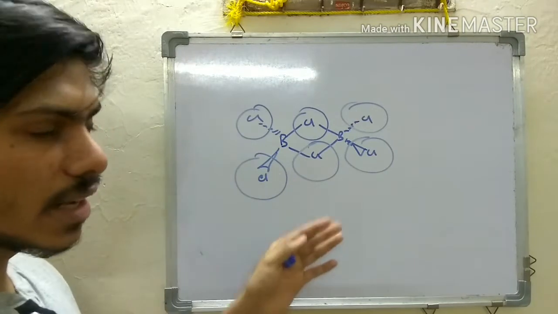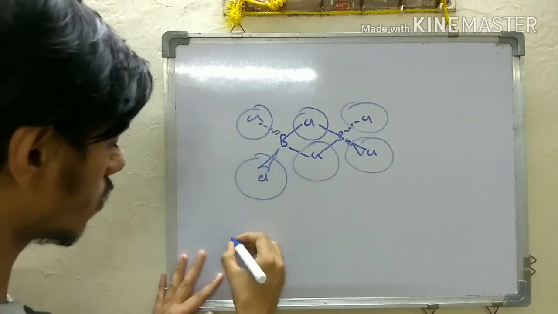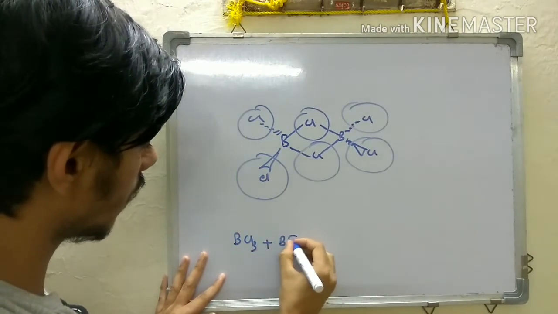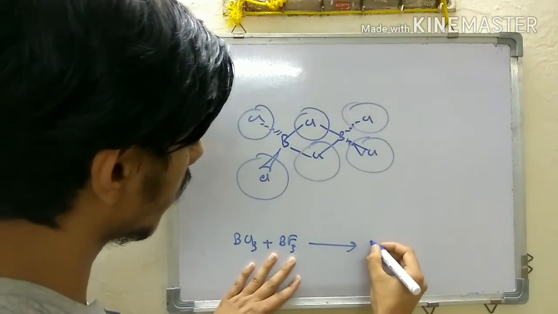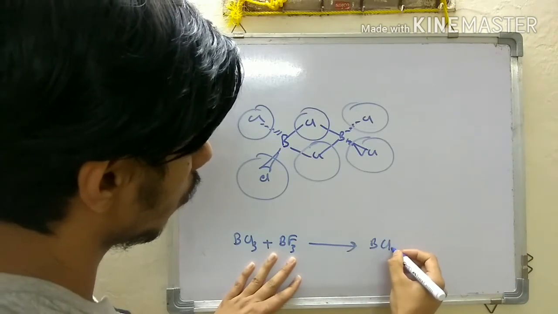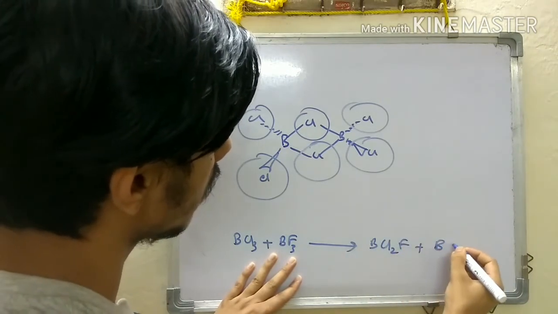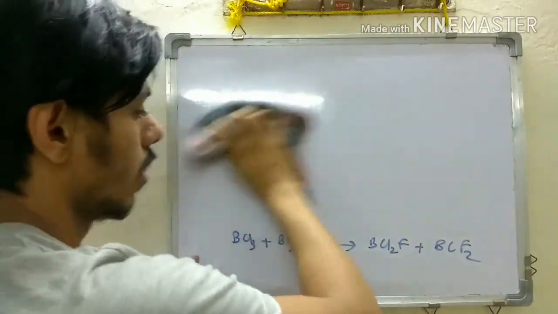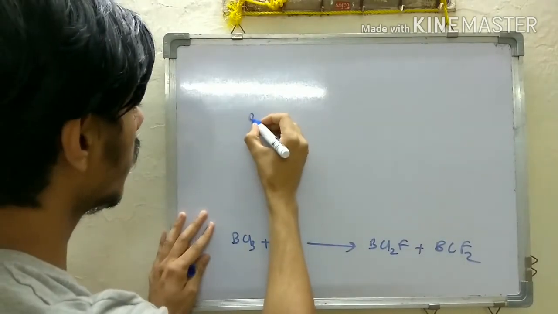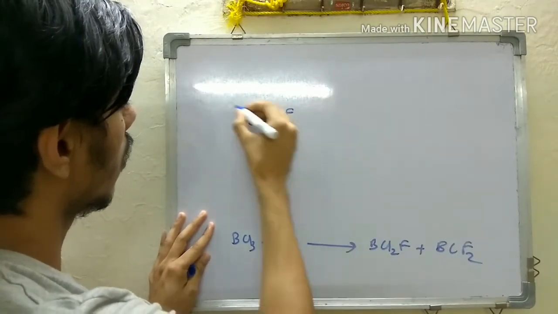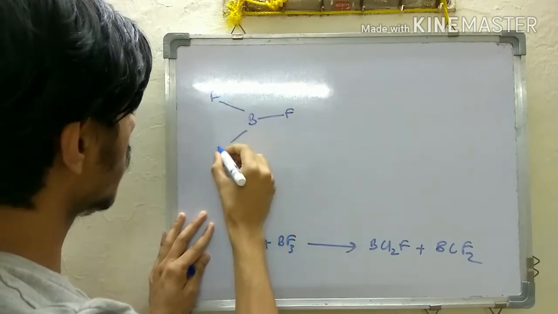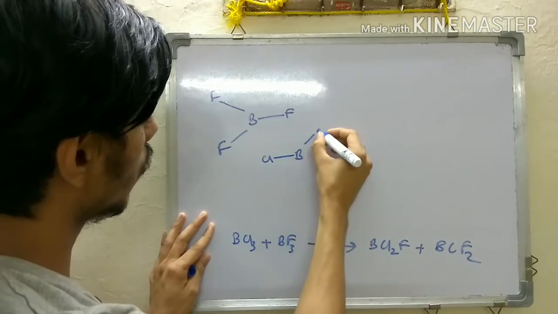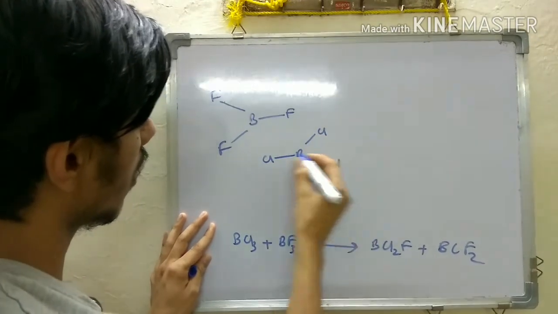But indeed there is a tendency of dimerization, because when you mix BCl3 and BF3, you end up getting BCl2F plus BClF2. So how do you get this? It is believed that these processes go through a dimerization process, right? So they orient themselves like this.